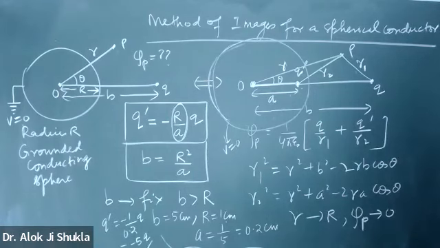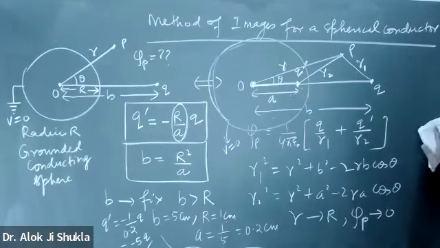Force क्या हो जाएगा? 1/4 pi epsilon naught q q dash B by B minus A whole square. लिख लो, write it. So everything is clear. Now I can erase.